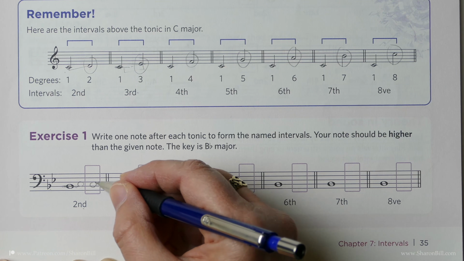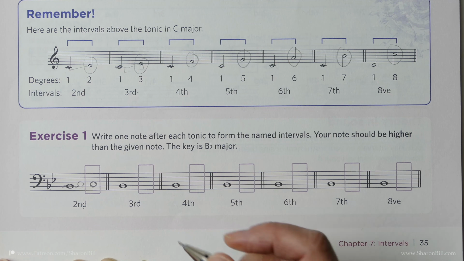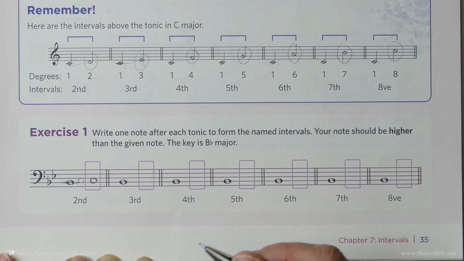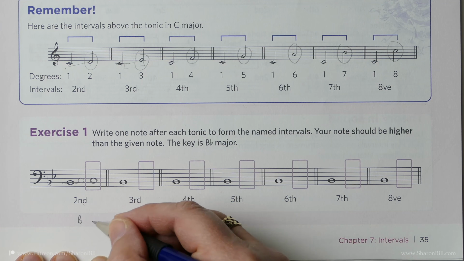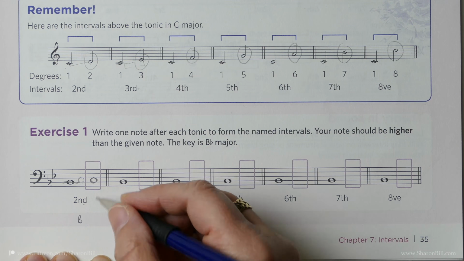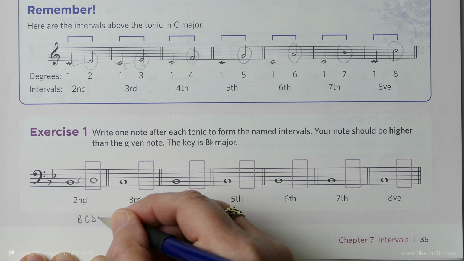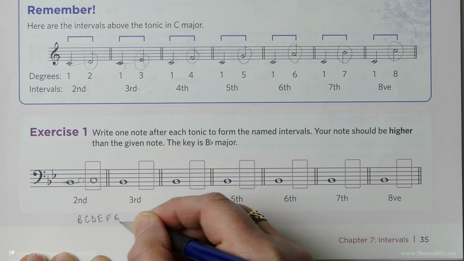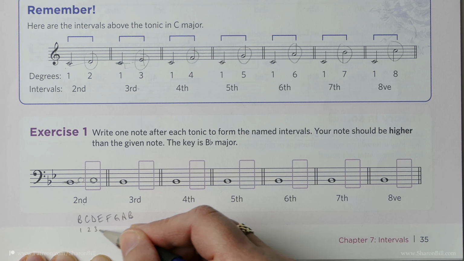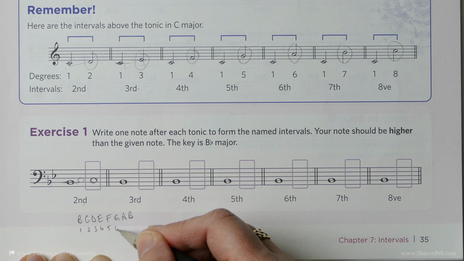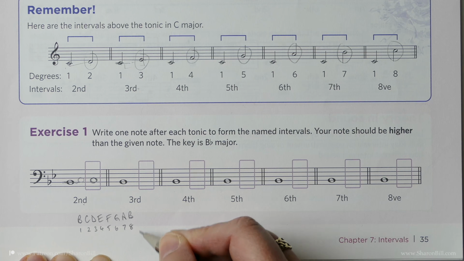So there's our C, which is the second degree of the scale, and if you want to double check that, we could just step out the degrees of the scale. So we have B, C, D, E, F, G, A, B. That's 1, 2, 3, 4, 5, 6, 7, 8.